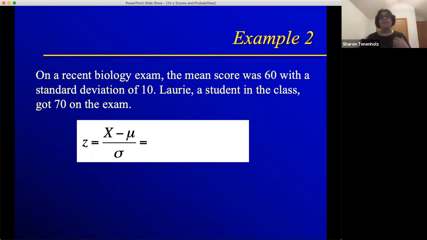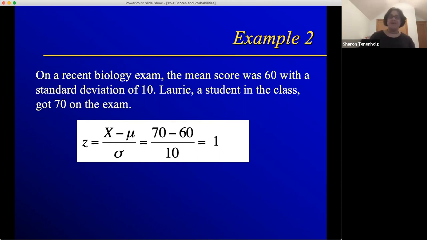Again, I'm using the population symbols here because we would know the scores for everybody in the class. We would have that population data. And we would see that 70, the score, minus 60, the mean, divided by 10, the standard deviation, would be 1. So Lori's z-score for her biology exam is 1.